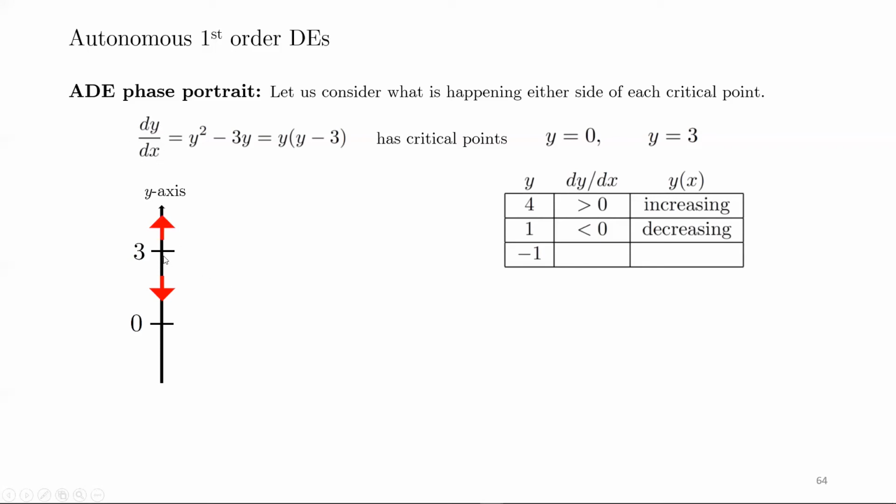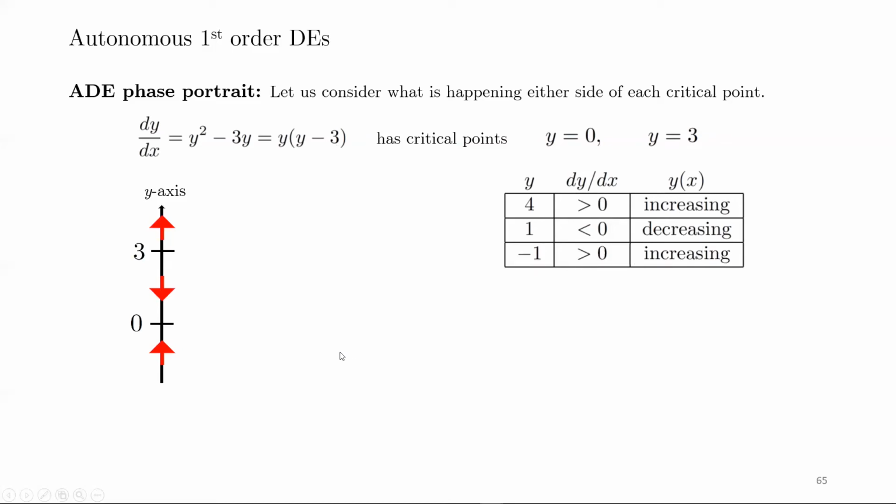If the value of y is less than 3 but above 0, then the value of y is decreasing. Okay, and then similarly we can do the same thing for y equals negative 1. Negative 1 minus 3 is negative 4, multiplied by negative 1 is positive 4. So dy by dx is positive and y is going to be increasing.